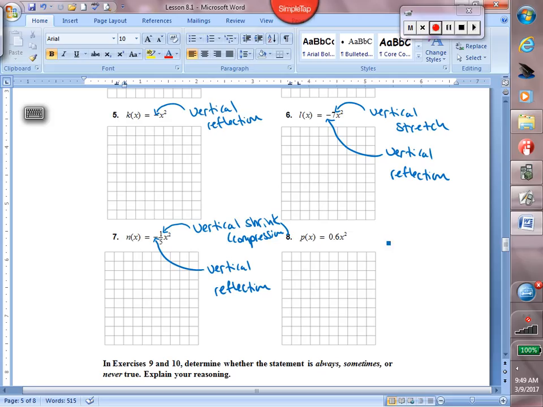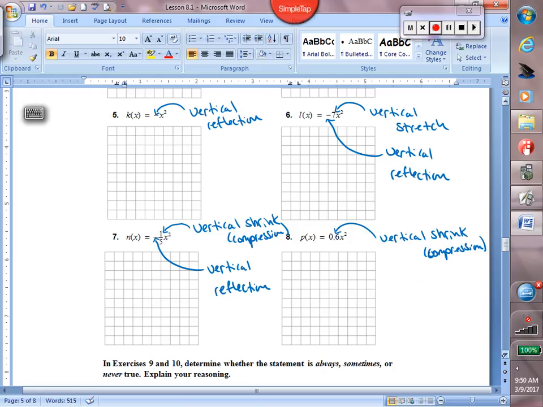Last but not least, number 8. I'm multiplying by a number that's smaller than 1, so we're going to have a vertical shrink. Or if you'd rather use the word compression, you may. Either one is okay with me.